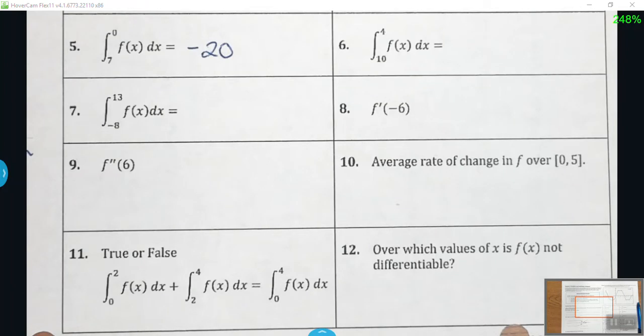And then this is 40 over 2, negative 40 over 2. That's negative 8. Plus 7.5. So it's negative.